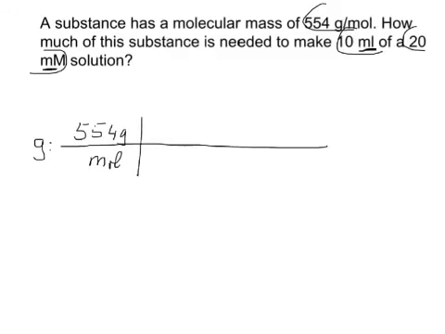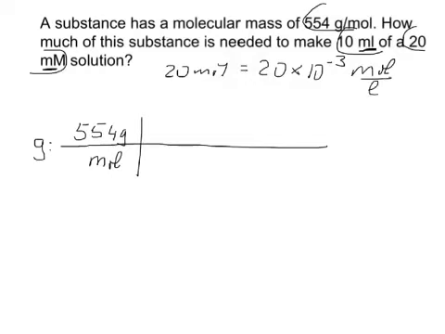Now we need to look for something where we have the mole that we have down here, where we have mole in the unit, and we find that we have this here because if we can write 20 millimolar, we can write this as 20 times 10 to the minus 3 mole per liter.